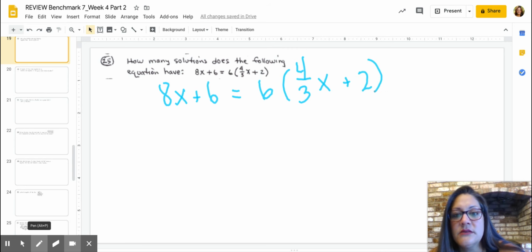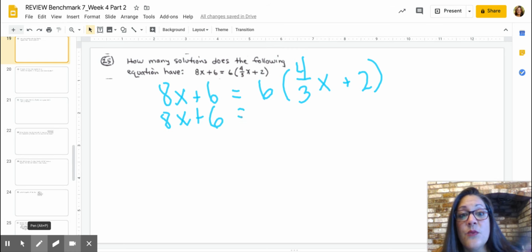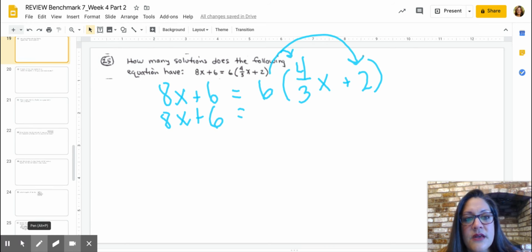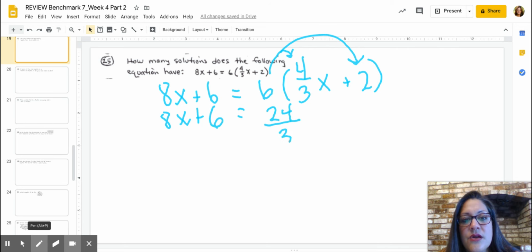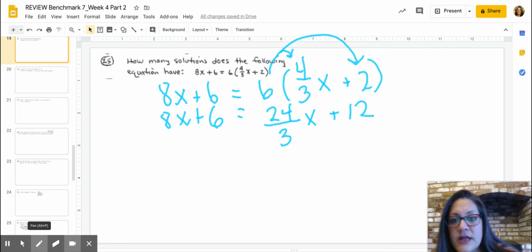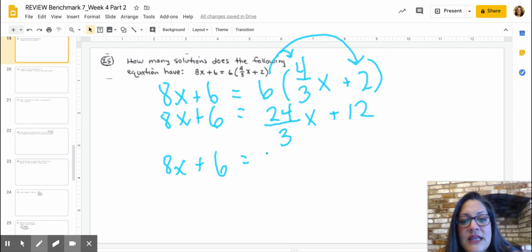We're going to keep this one here, and we're going to distribute the 6 over both of these. So 6 times 4 is 24/3 x plus 12. 8x plus 6, that one continues. 24 divided by 3 is 8, so 8x plus 12.